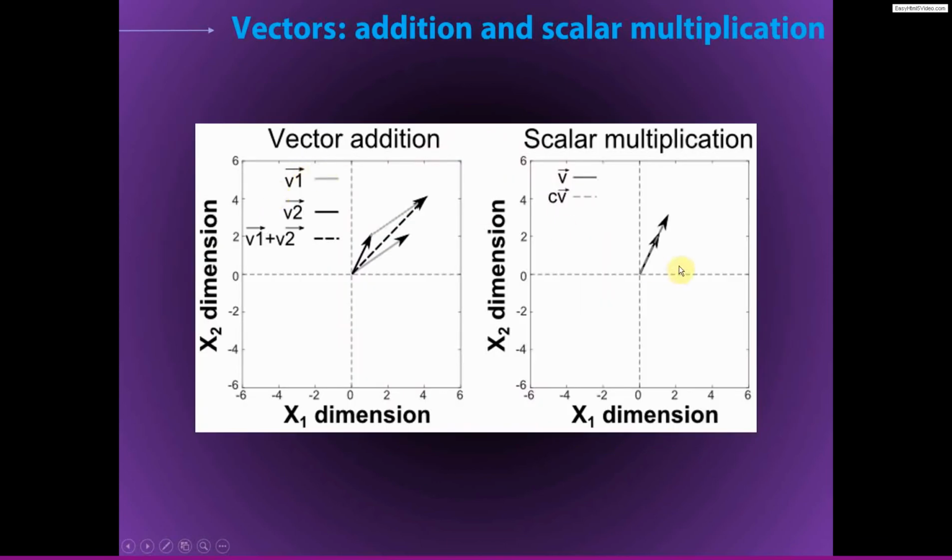So let's do scalar multiplication first, because that one's a bit easier. Scalar multiplication means you take a vector, and when you scalar multiply that vector, you get a new vector which is pointing in the same direction. So if you imagine that there's this infinitely long line that goes here, the scalar multiplication of this vector v stays somewhere on this really long line.